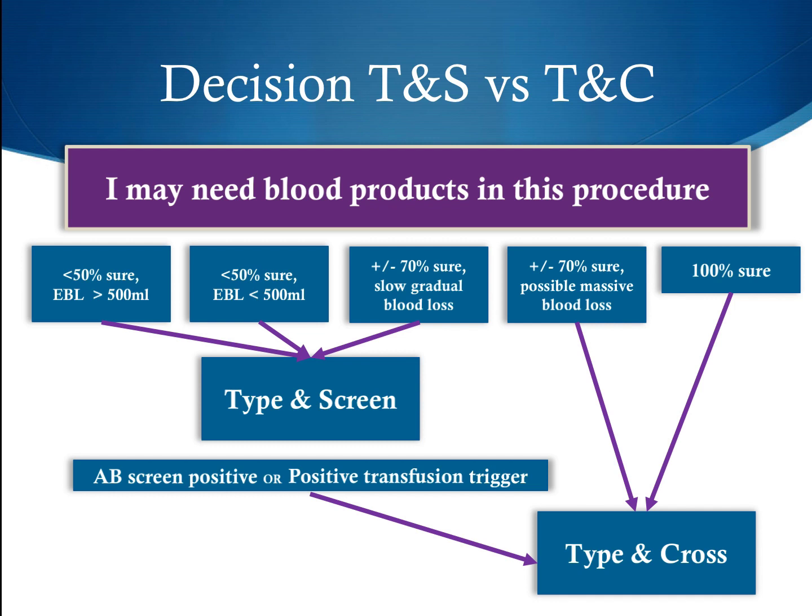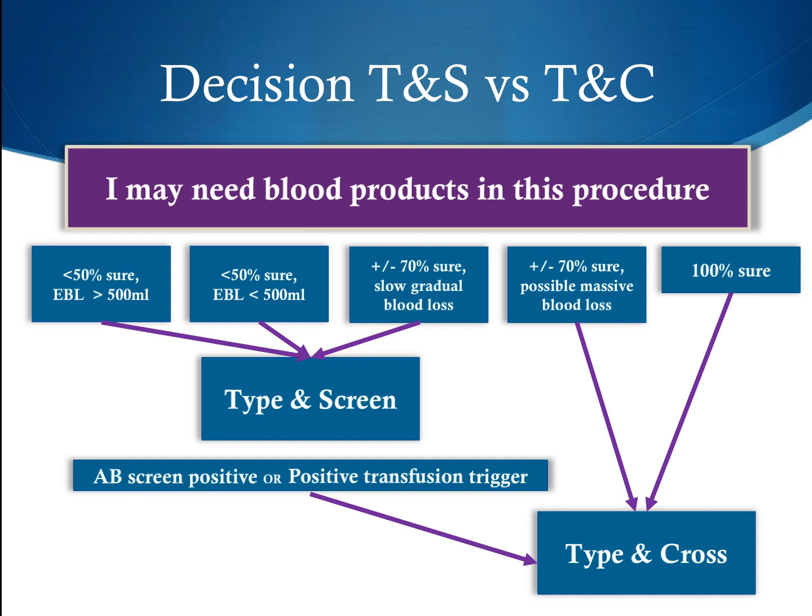However, if there's significant blood loss but most likely gradual, or I have an estimated blood loss of around 500 cc's, or I'm less than 50% sure I will need blood products, I order a type and screen. And then I follow up. Is my antibody screen positive? Then for sure I'm going to ask to crossmatch something, because this adds significant time between when I need blood and when I have it.